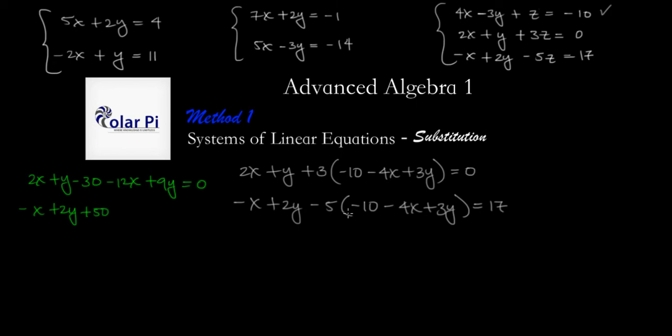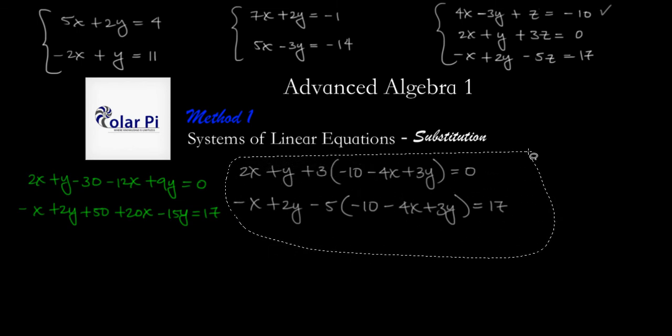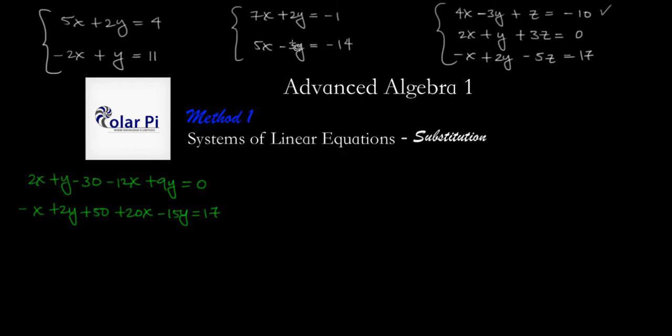And then we've got plus 20x, right? Plus 20x, okay? And then we've got minus 15y equals 17. Got it. And of course here we can do some combining like terms and all that good stuff, and write this equation in a much more succinct way.